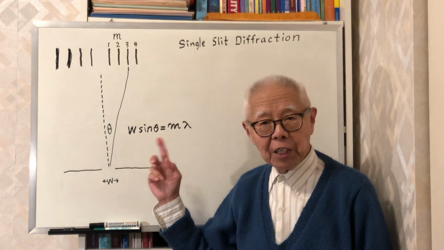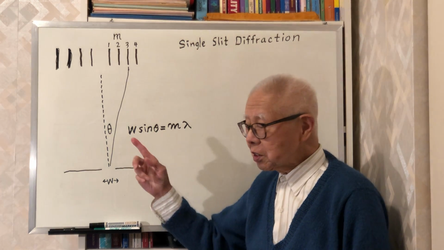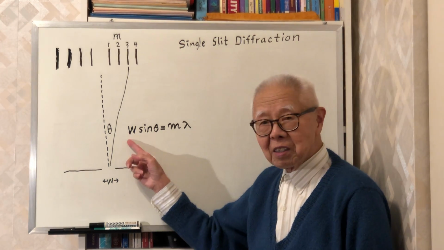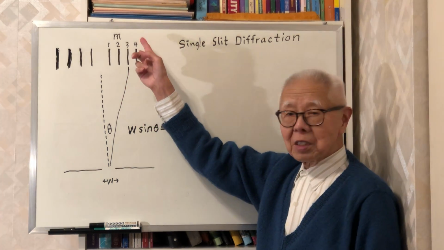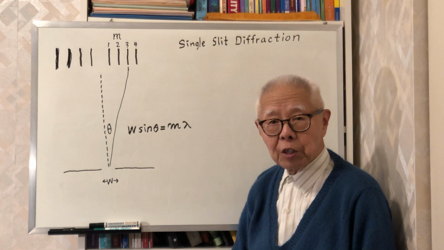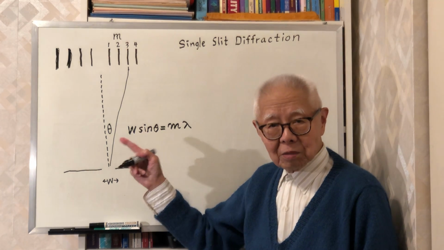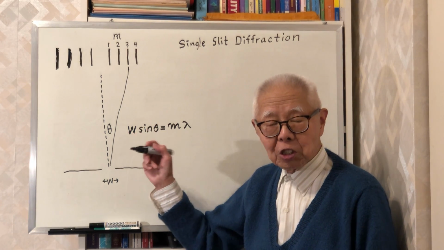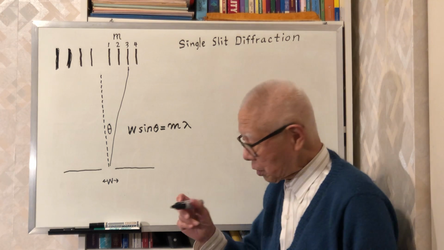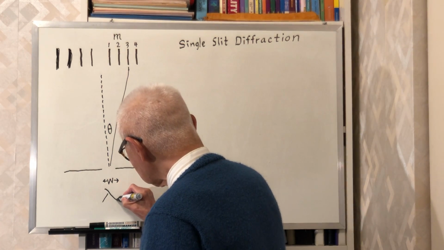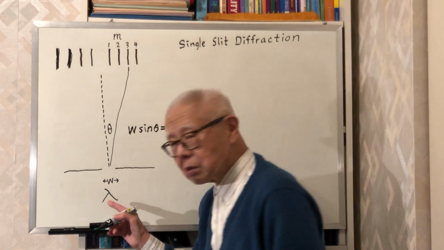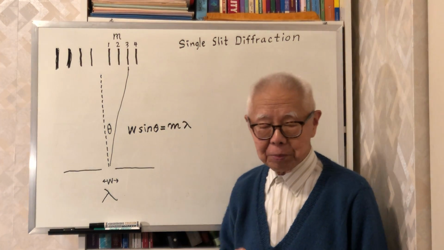There is a relation between theta, W, and the number M, and also this pattern depends on the wavelength of the light.